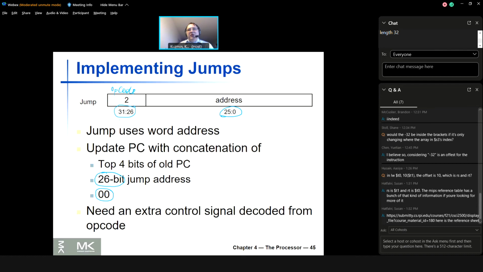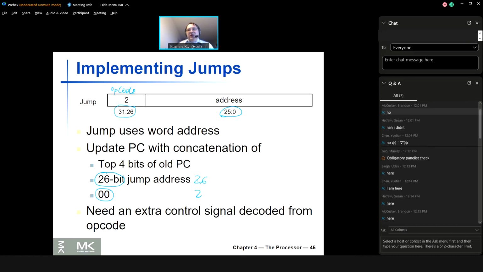So this is 26, this is 2, and we still need 4 more bits. All in all, it should sum up to 32. So we need to take the address from the instruction, shift left 2, and then use those 28 bits to replace the least significant 28 bits of the PC. That's all there needs to be done.